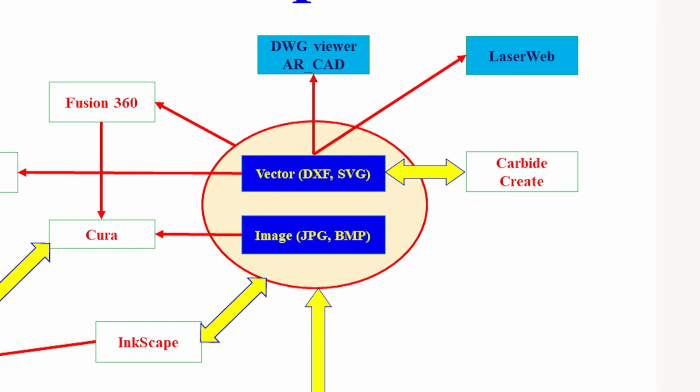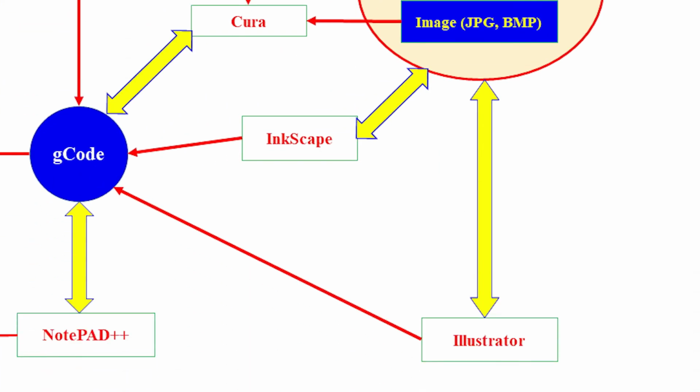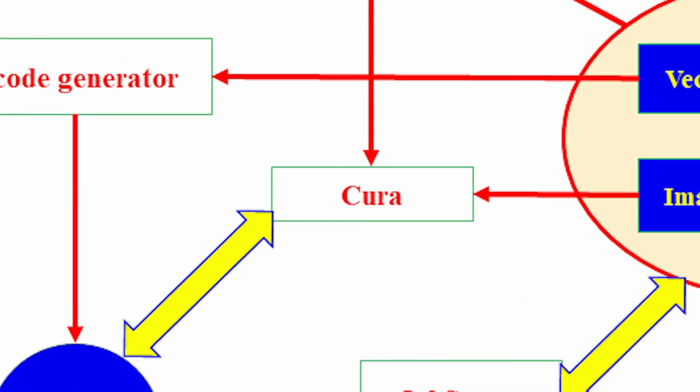For a bitmap-based image file, we can use Inkscape, Illustrator, even Cooler to generate the G-code file. Cooler is easy to use, but the resolution is not good enough. This doesn't mean that Cooler is not good in precision, but Cooler is simply not designed to handle image files. It is like software that handles STL format.